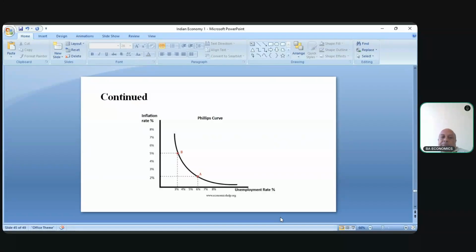In simple terms, you can say that the Phillips curve is a curve which shows the relation between the inflation rate and the unemployment rate, and the relation is inverse. And the Phillips curve has a negative slope, going downward from left to right.